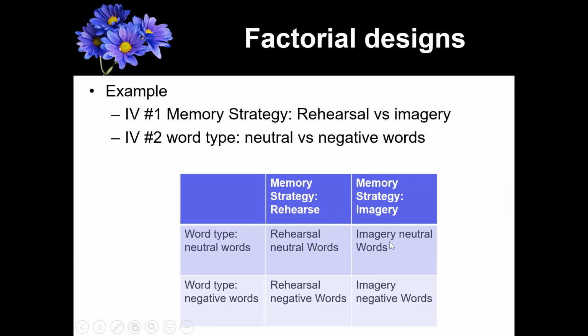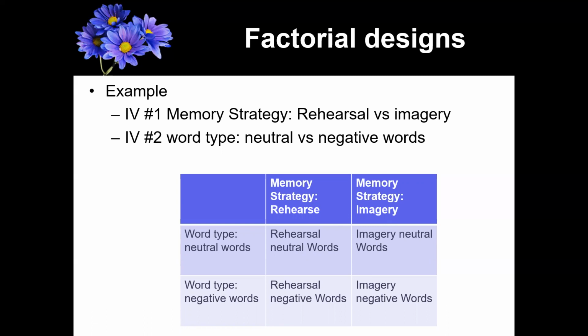So everyone's going to do this, everyone's going to do this, everyone's going to do this, and everyone's going to do this. Okay. That would mean, again, that both variables are being manipulated within subjects. Memory strategy is manipulated within subjects. Word type is manipulated within subjects.